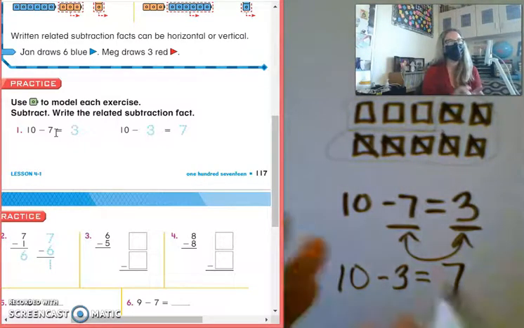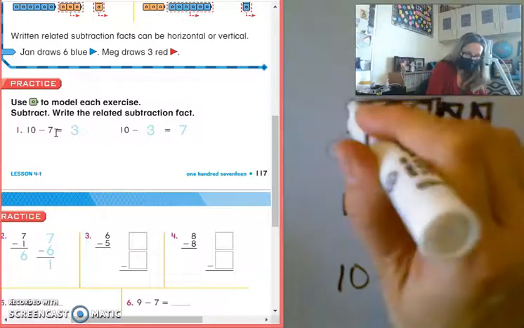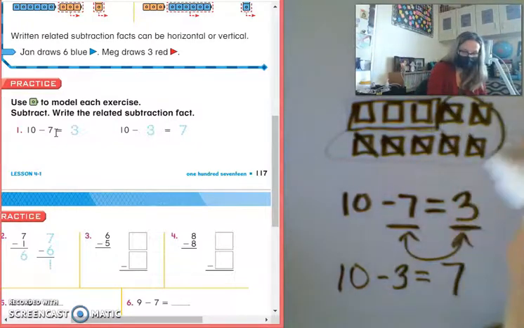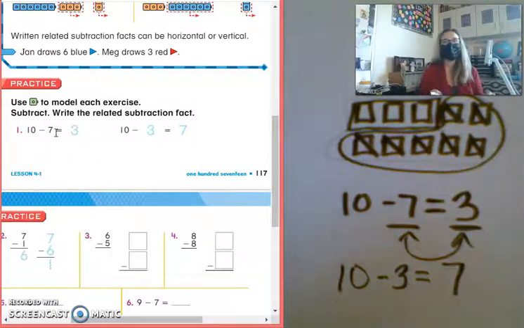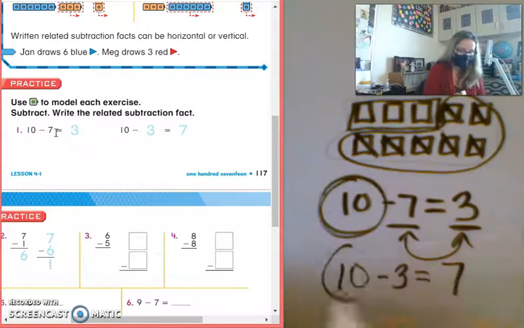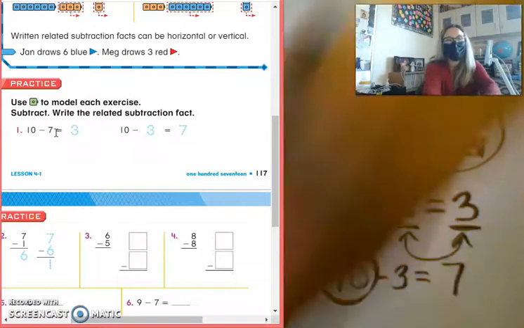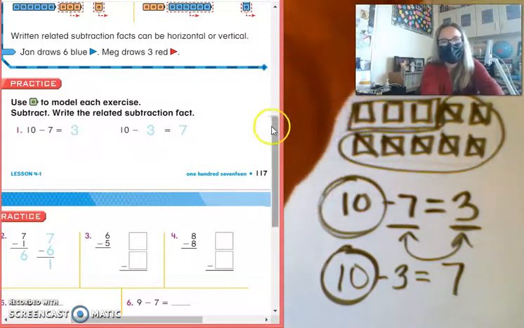It's two parts. Do you see that? This is one part, and this is the other part. I can do 3 and 7 or 7 and 3 as long as my big number stays in the same place. All right, let's move on now to the top of the next page.